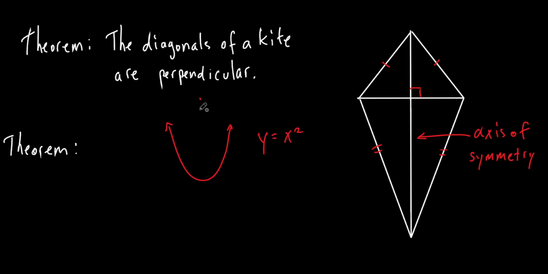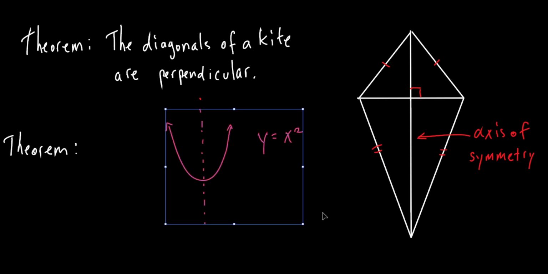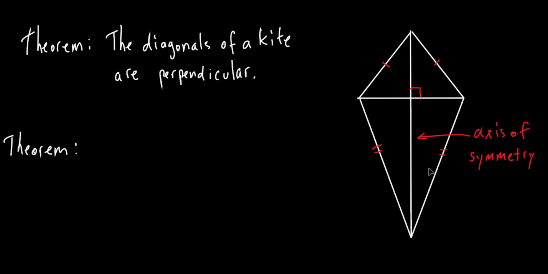The axis of symmetry is the imaginary line that goes right down the middle of it. Do you see how they relate to each other? So this is an axis of symmetry. This is an axis of symmetry. So we talked about that in my Algebra 2 class yesterday. But really, we didn't talk about a kite at all. But that's what it is.